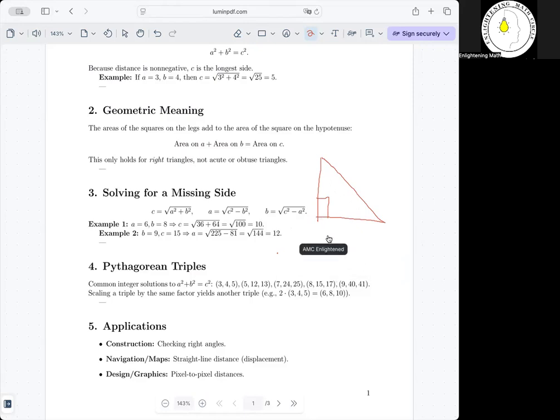It is a right triangle, as always in a Pythagorean theorem situation. And then we have side A, B, and C. Now, keep in mind, once again, the Pythagorean theorem is only applicable to right triangles.